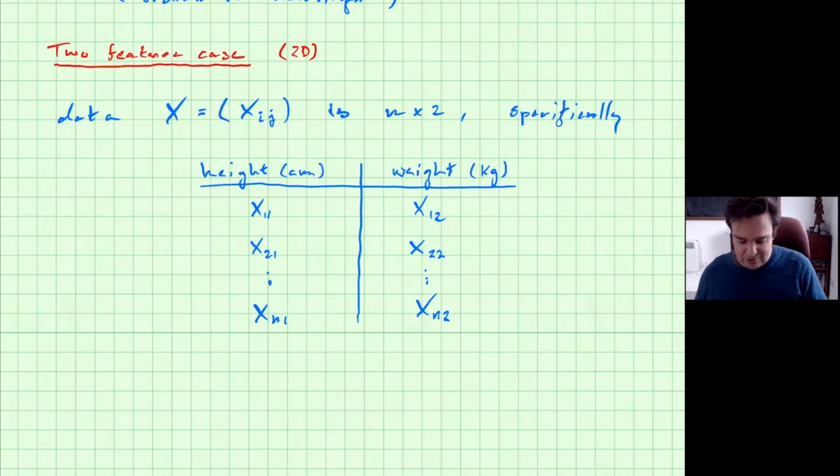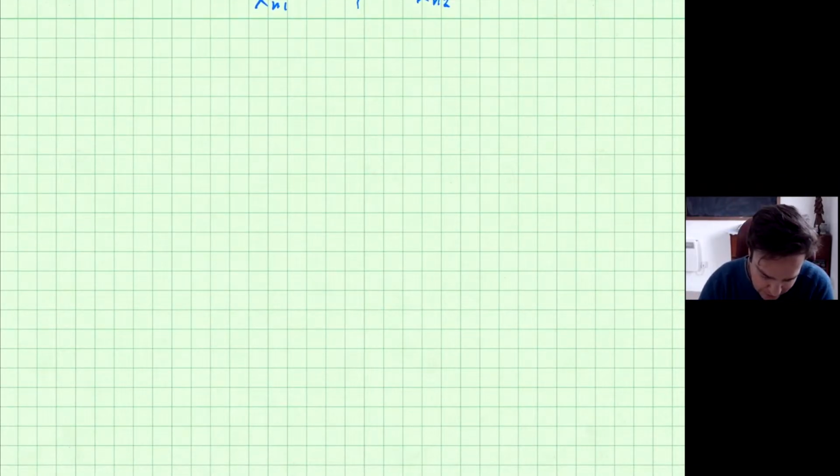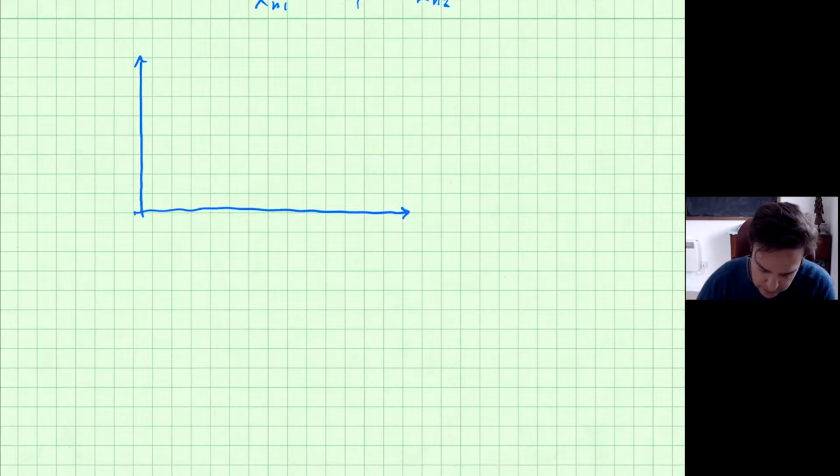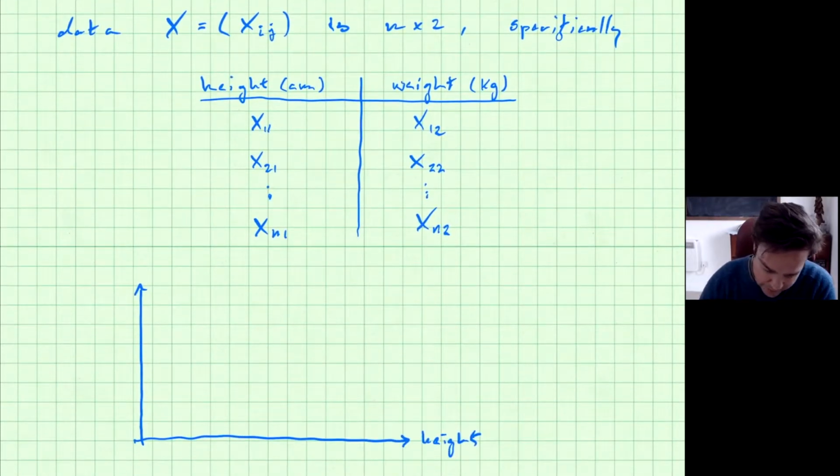Let's say we're interested in understanding the relationship between the height and weight of different animals or people or something like that. And you can represent that on a plot, which you will often do, like this. Okay, and so let's say this horizontal axis is height. Right, so that's the first column.